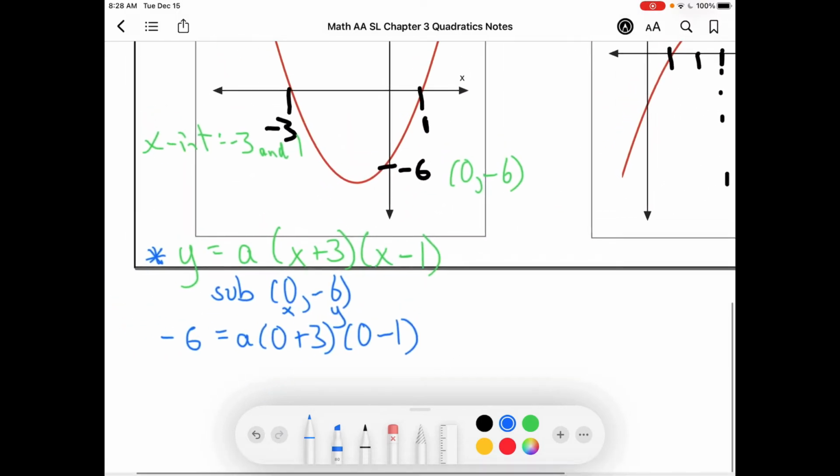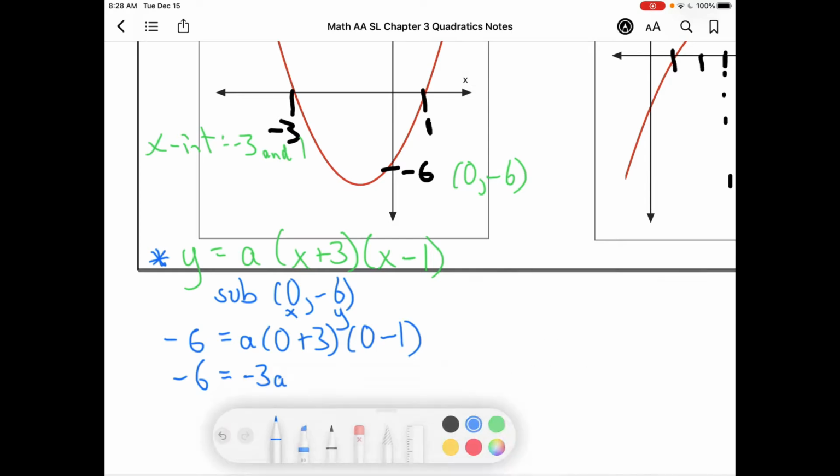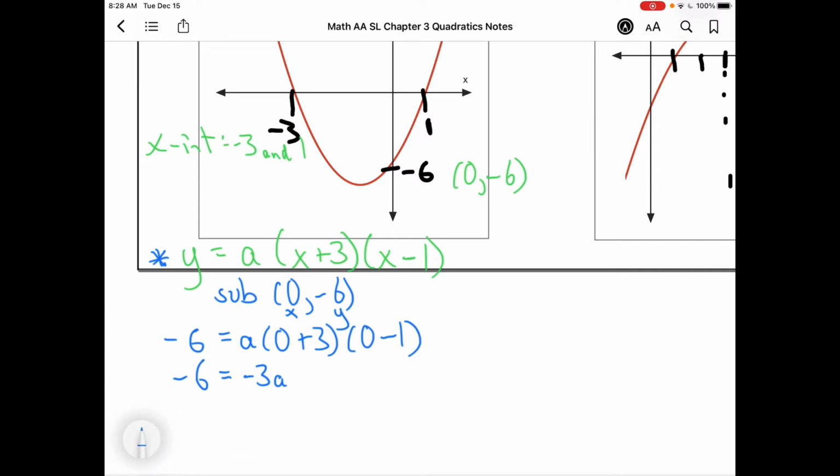Let's see if we can sort things out here. So that gives us -6 equals -3a. Or if I divide both sides by -3, that will give me a equals 2.